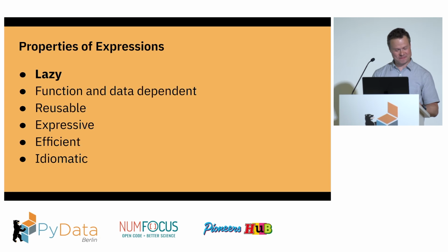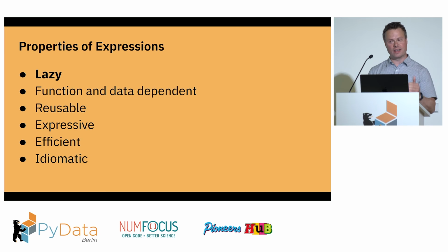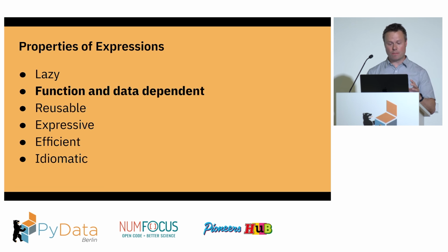It is hot here. Okay, so because of all this, there are some properties of expressions, and we've already covered some of those, so I can go a little bit faster here, right? By themselves, they're lazy. They don't do anything. They depend both on the function or method that uses them and the data to which they're being applied.